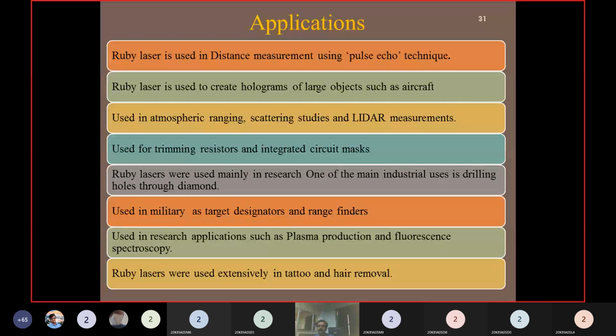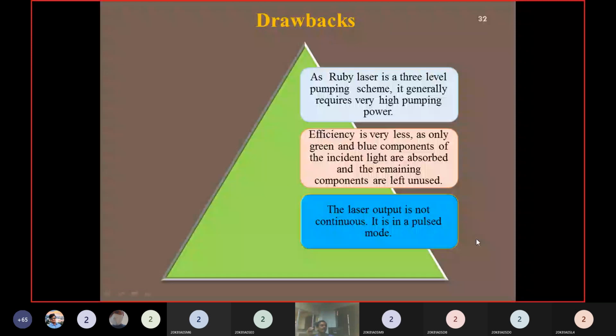Now there are some drawbacks also in the case of ruby laser. As a ruby laser is a three-level laser, the pumping scheme generally requires very high pumping powers. Okay, if you use a four-level laser, compared to three-level lasers, the four-level laser requires very little energy.